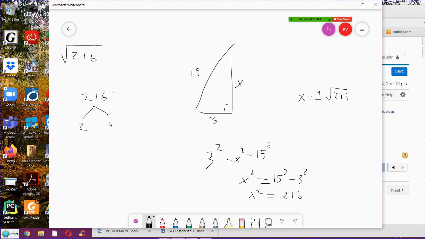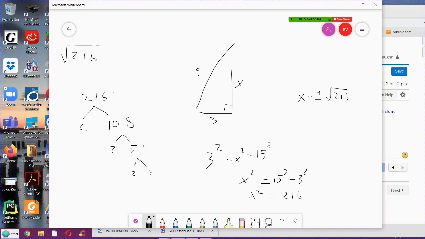That's 2 times 108, which is 2 times 54. 54 is 2 times 27. And 27 is 3 times 3 times 3. Okay, so it's 2 times 2 times 2 times 3 times 3 times 3, 2 cubed times 3 cubed.